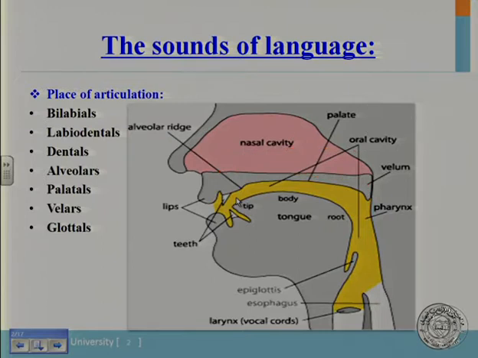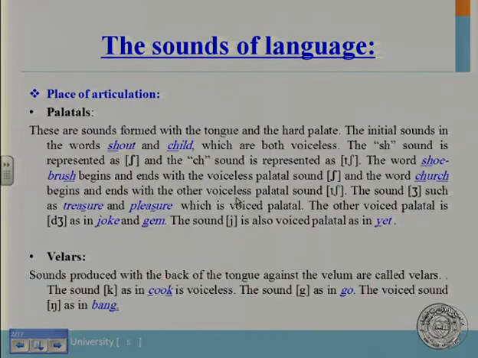This is the back of the tongue, this area, with the velum, this area exactly. So when these two are in contact, the production is velar, the back of the tongue and the velum.